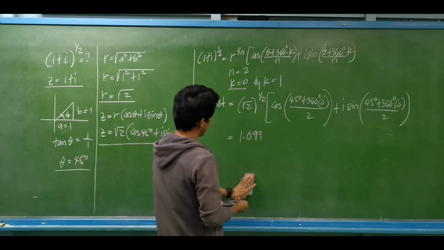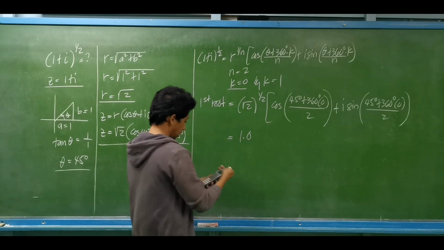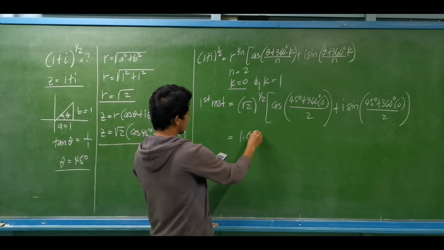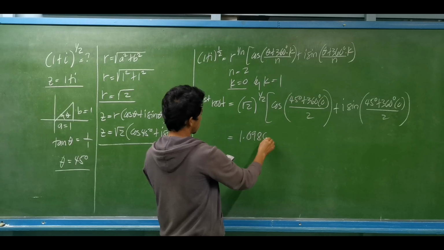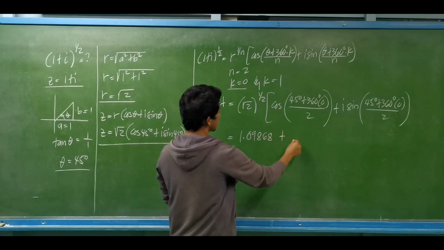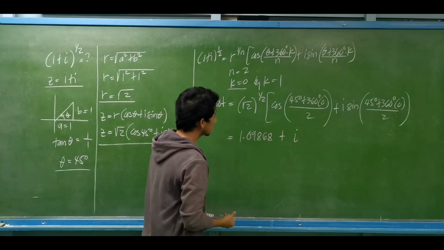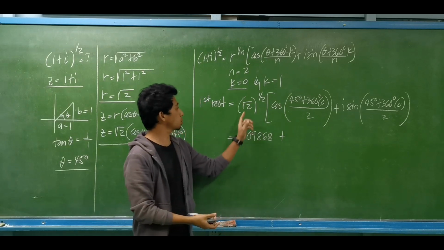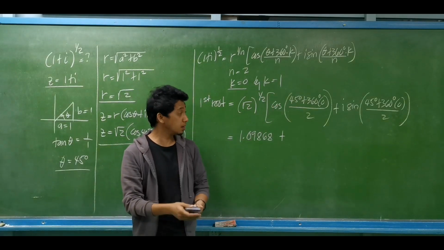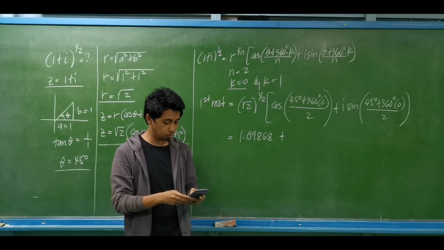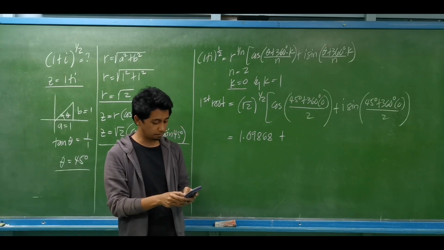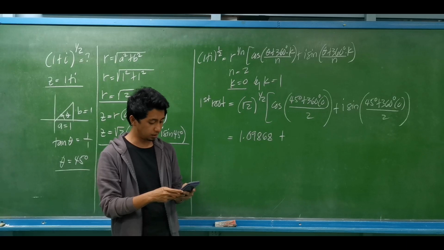Let's have it with 5 decimal places: 1.09868, then plus i, or what will be the equivalent of the square root of 2 raised to 0.5 multiplied by the sine of 45 degrees over 2.